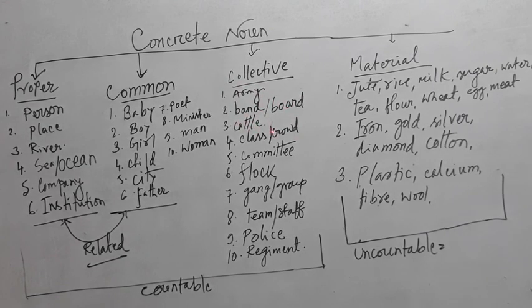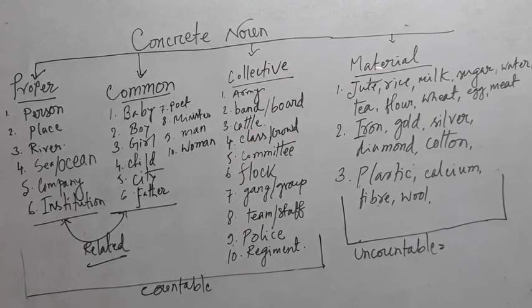Cattle, all of the beasts together. And then class or crowd, committee, flock, gang, group, team, and then staff, police, regiment. Those are the words which are collective nouns. Actually, there are more persons or things together. That's why it's called collective noun.